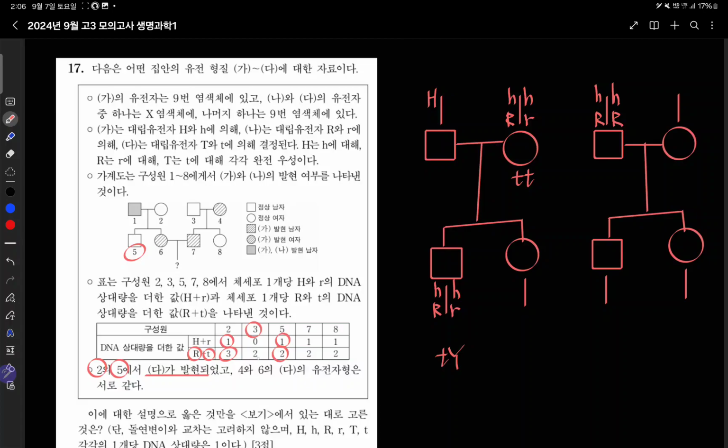And then if you look at this number, he already has two capital R alleles, so that means he should not have lowercase t allele. That's why individual number 3 does not have the third trait.